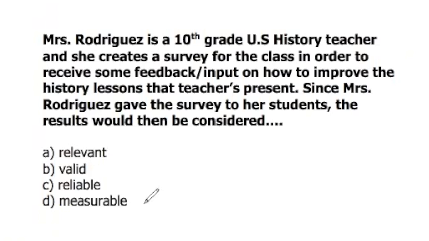Now, looking at those, I'm seeing a theme going on here. Valid, reliable, and measurable are a little different from relevant. Relevant's not really a scientific term when it comes to data. You can use it in descriptions, but valid, reliable, and measurable are really strong key terms when we talk about looking at results of data or surveys or anything along those lines.